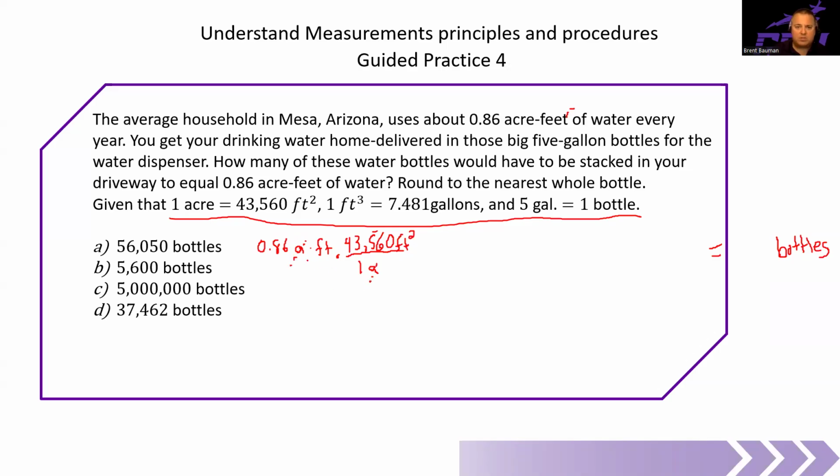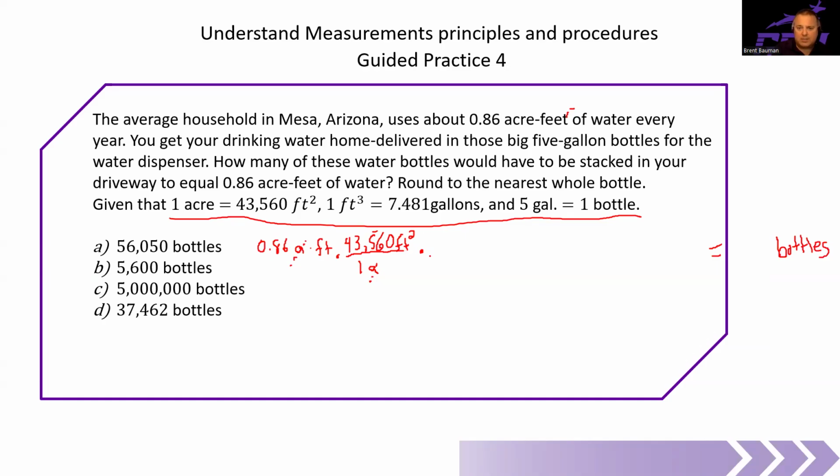So now we're just dealing with feet. Our path is to eventually get to bottles, but before we can get to bottles, we need gallons. Gallons can be converted if we have feet cubed. We have feet times feet squared, which will give us feet cubed. So we're actually at feet cubed now.